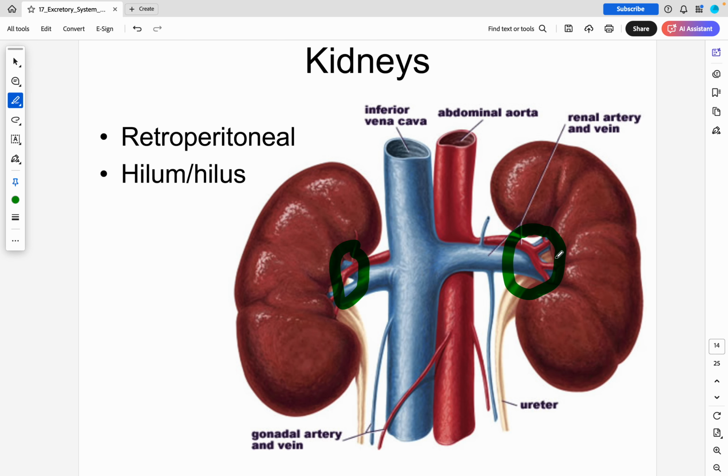Now, in terms of the development of kidneys throughout the lifespan of the human animal, during embryonic development the kidneys start as temporary structures called the pronephros.